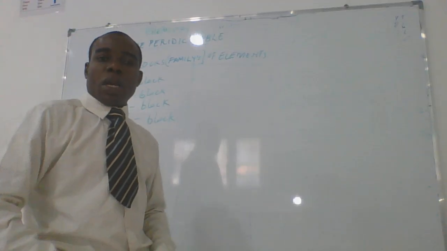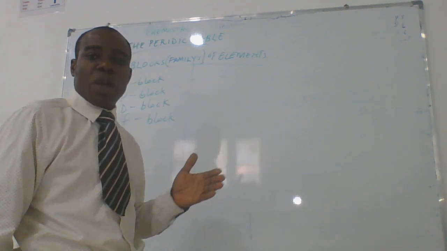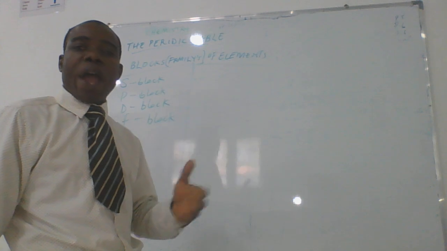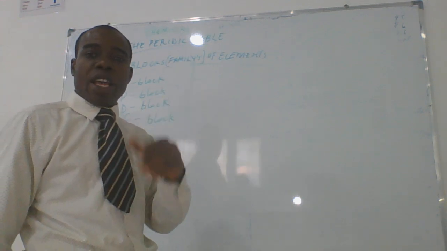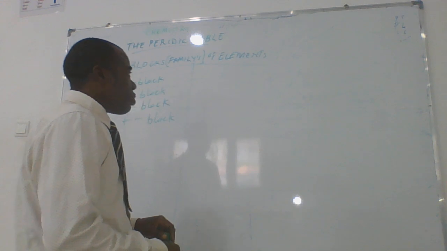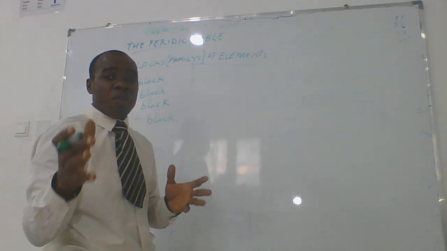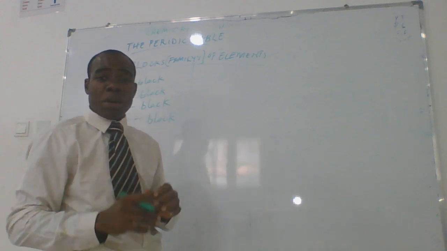So welcome back. Let's look at some examples of the S block elements and their electronic configuration, and why they are so called S block elements. Now, like I said, the valence electrons of these elements fall in the S orbital.